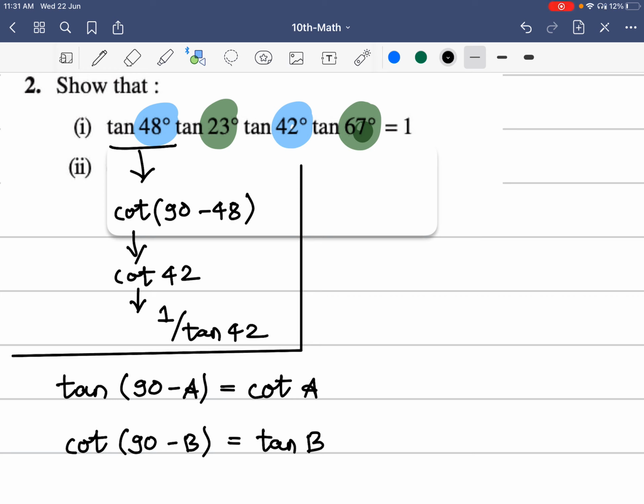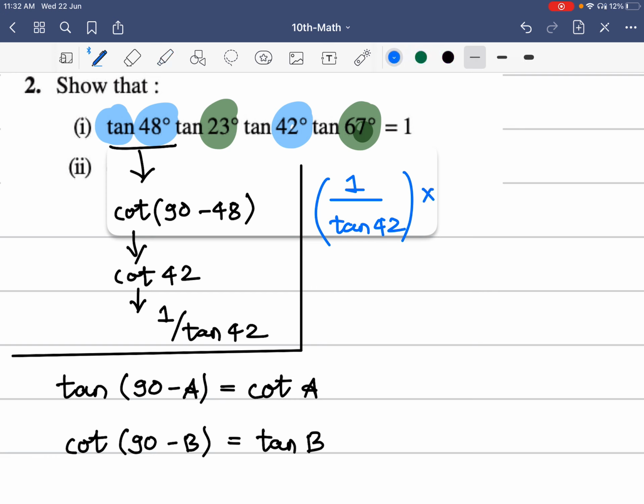Substituting this value in the given expression, I'm going to write 1 upon tan of 42 in place of tan of 48. Tan of 48 is 1 upon tan of 42, and the rest of the things will be the same.